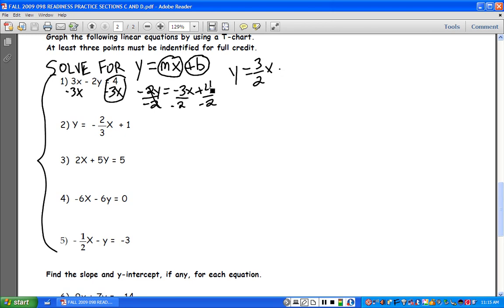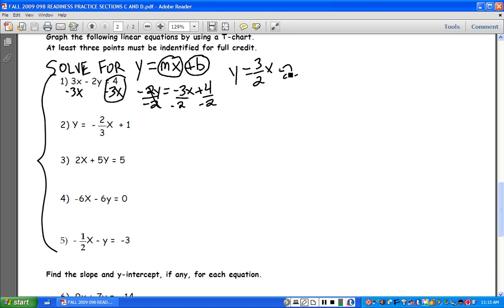And now we have 4 divided by a negative 2, which gives us a negative 2 for an answer. So now we have our format. y equals mx plus b, where m, which is 3 over 2, is referred to as slope. This negative 2 is our b, which we refer to as our y-intercept, where the line would cross the y-axis. So we've solved for y.